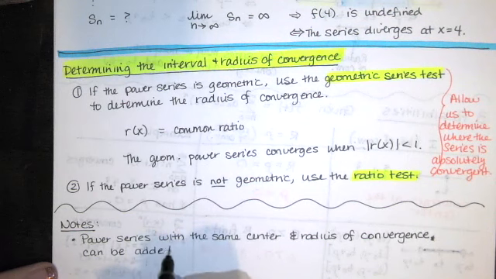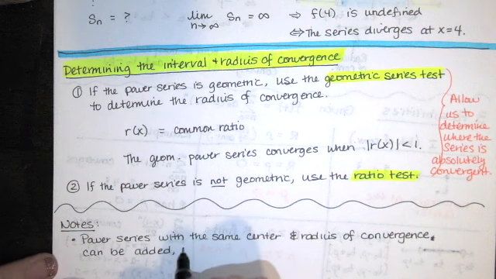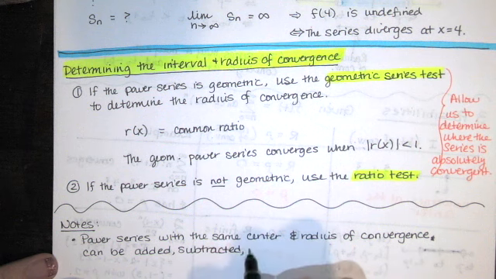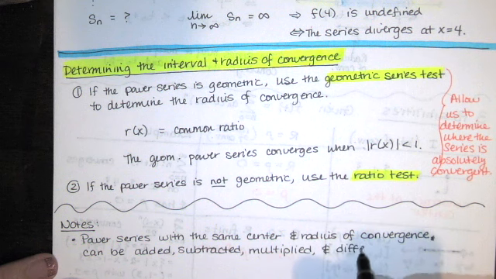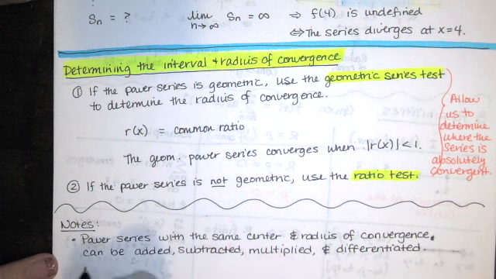So let's list those. They can be added, subtracted, multiplied, and differentiated term by term.